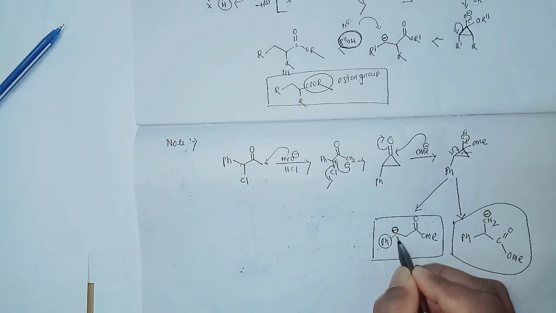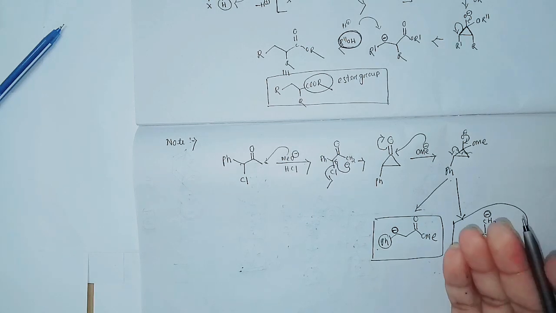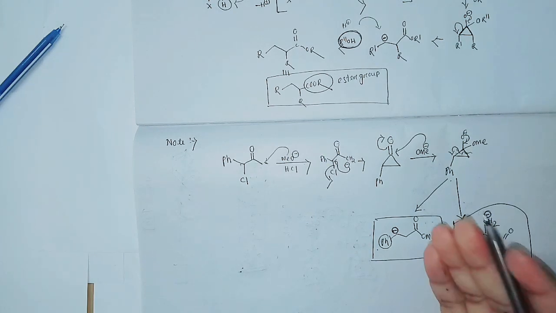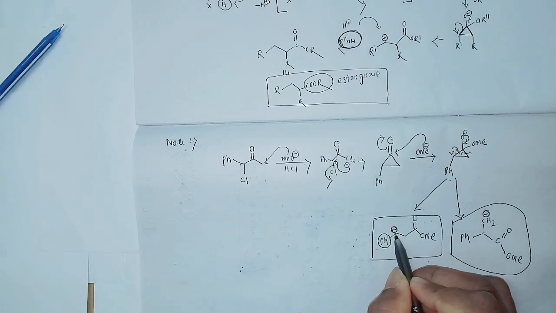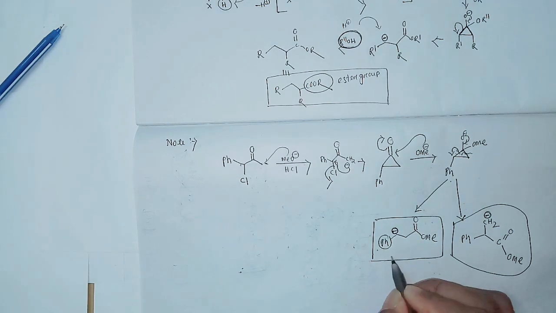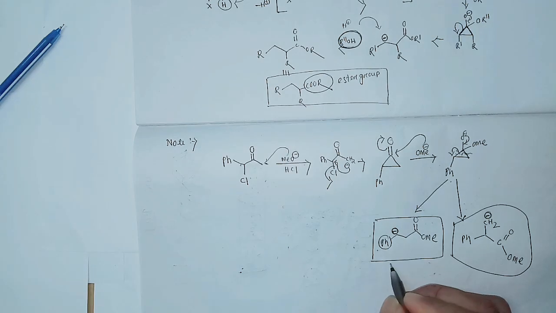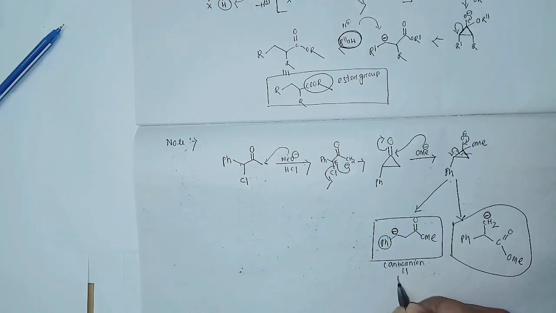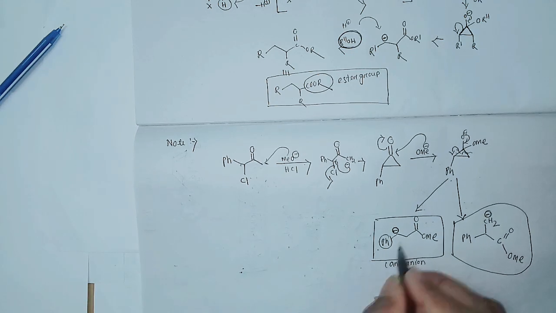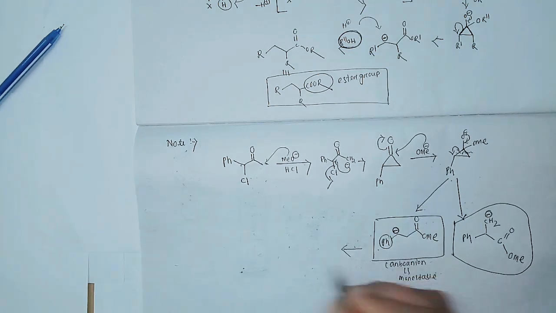We know that negative charge will participate in resonance, so this negative charge will be more stable. So this carbanion is more stable, so this product will be favorable.